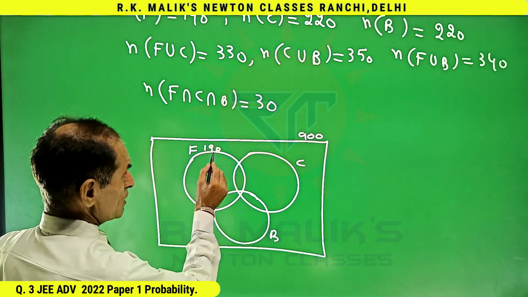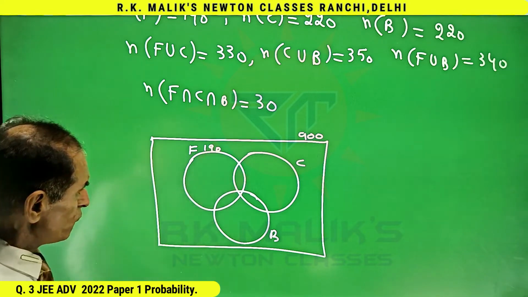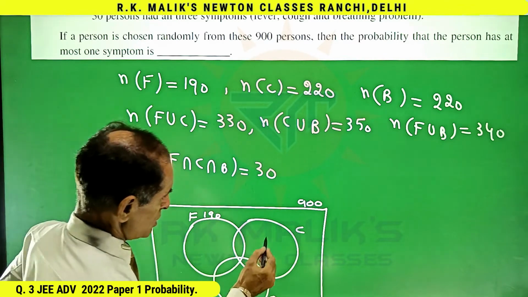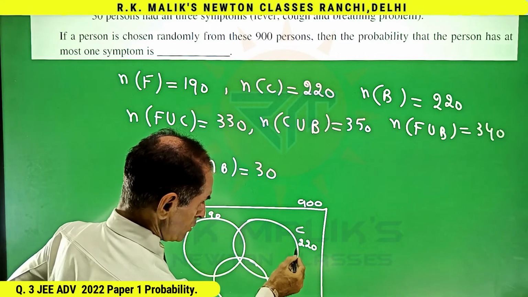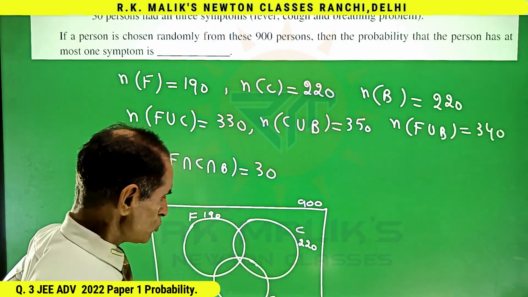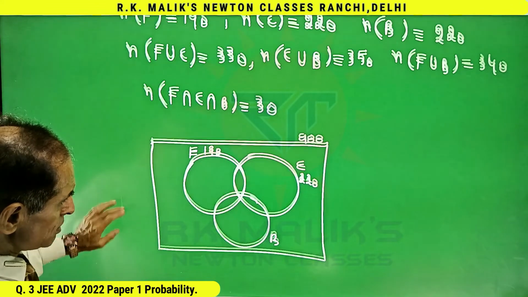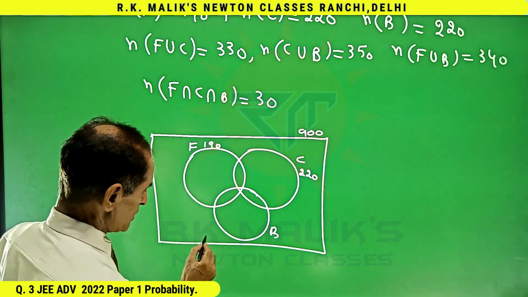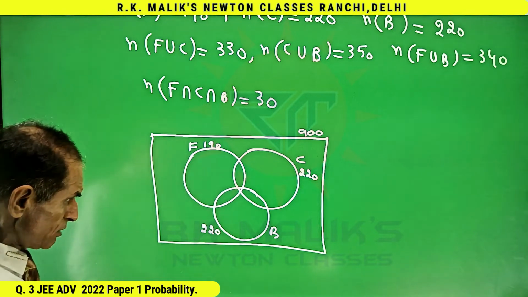When I am writing 190 outside, it means this whole set is containing 190 elements. And N(C) equal to 220 means this whole set contains 220 elements. And N(B) equal to 220 means this whole set contains 220 elements. I will write 220 here.